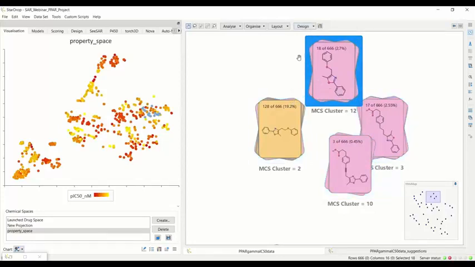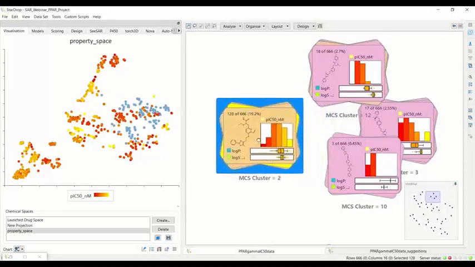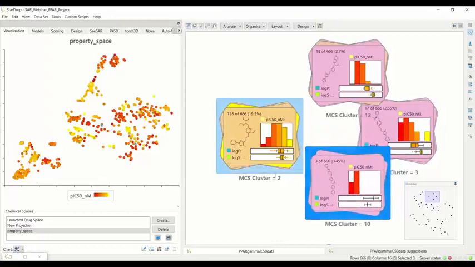At the moment, I've got a stack design which just gives me the common substructures. But under design, I can actually give me a lot more information about the contents of that stacks. As Matt said, we could put in there histograms. And so you can see that this stack, yes, it does contain a larger proportion of more active compounds in here compared to these other stacks.